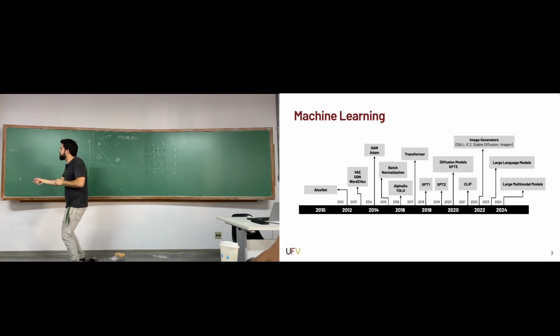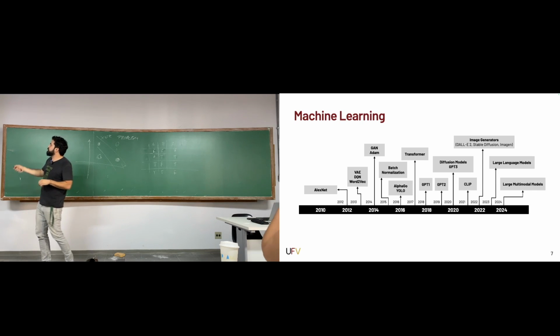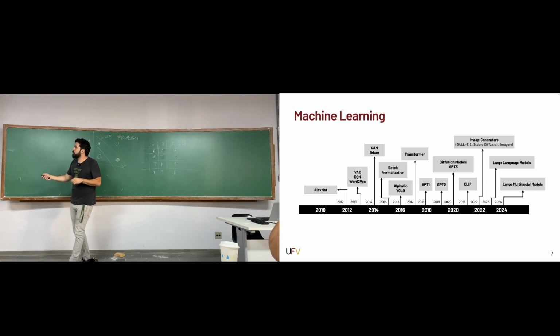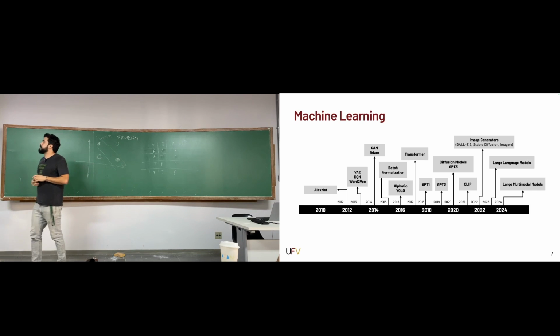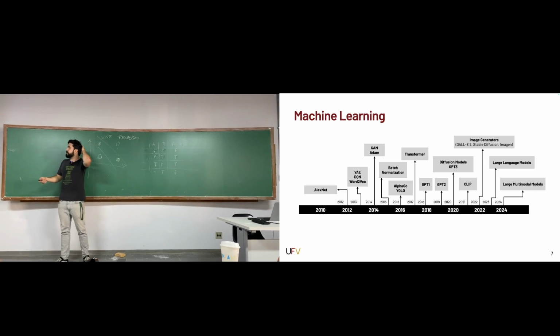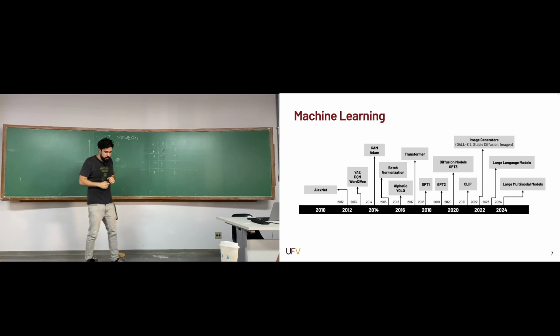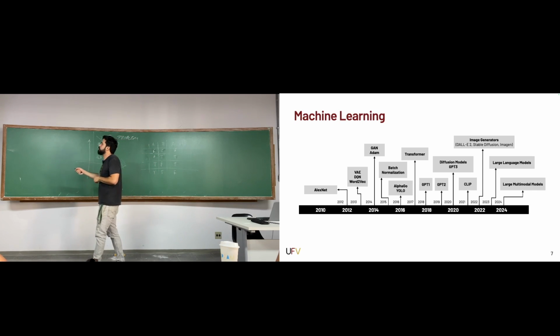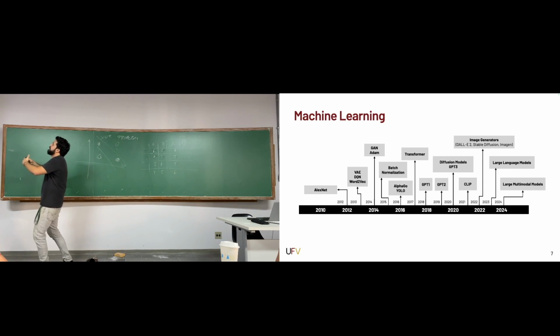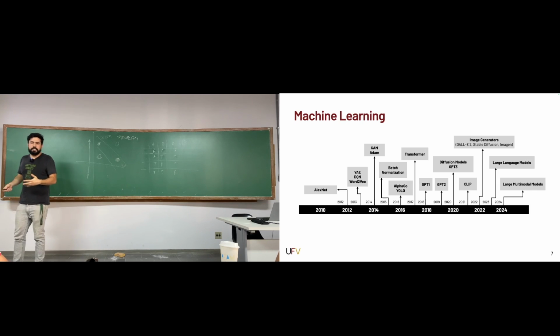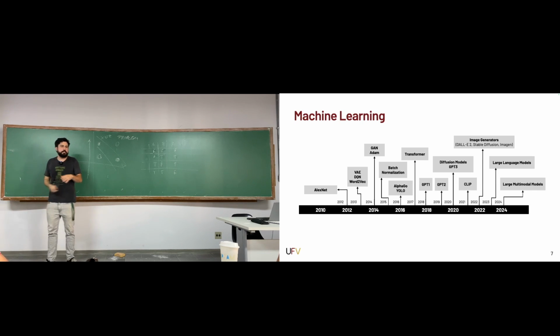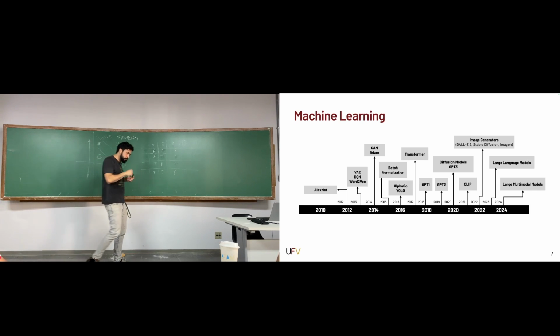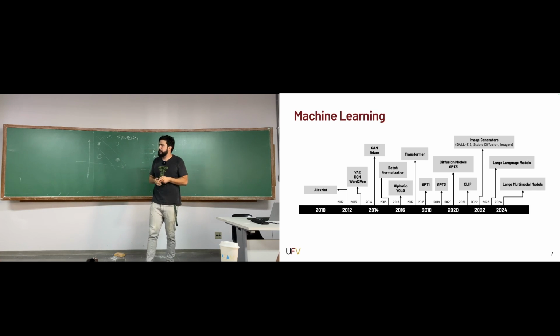I didn't have this figure, so I made it myself just to show a bunch of important advances that happened in the last 14 years that allowed us to have what we have today. And this is not even close to the amount of new discoveries we had. It's just some major discoveries and new algorithms.